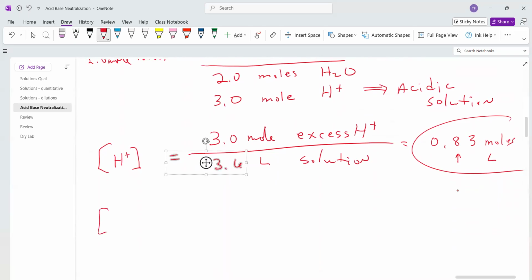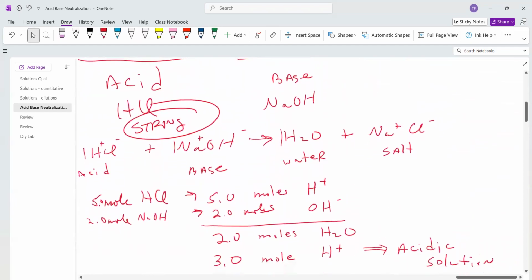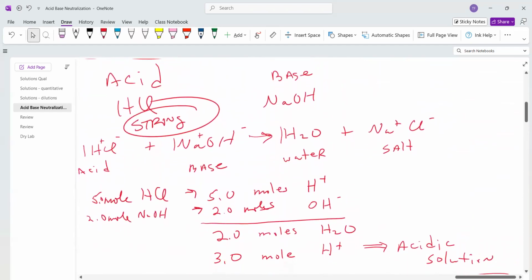What is the concentration of... well, chlorine comes from the acid, the HCl.